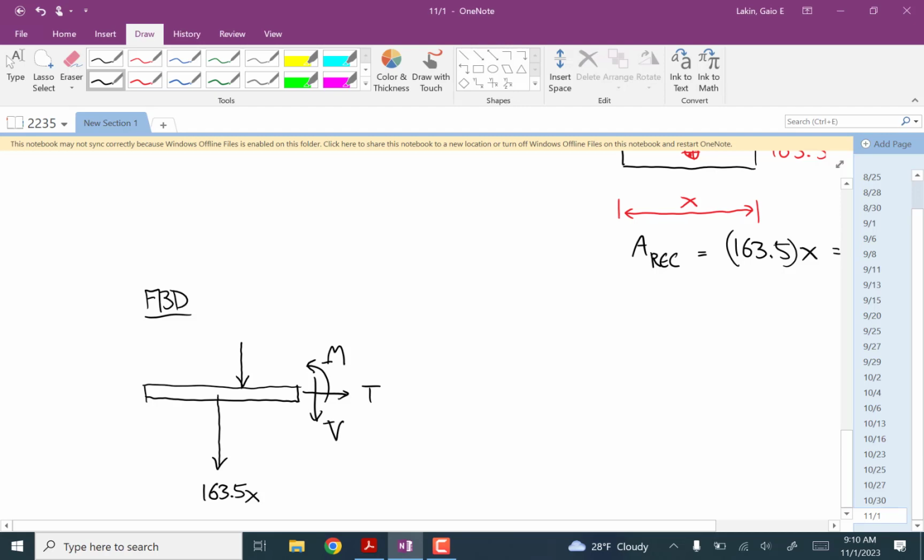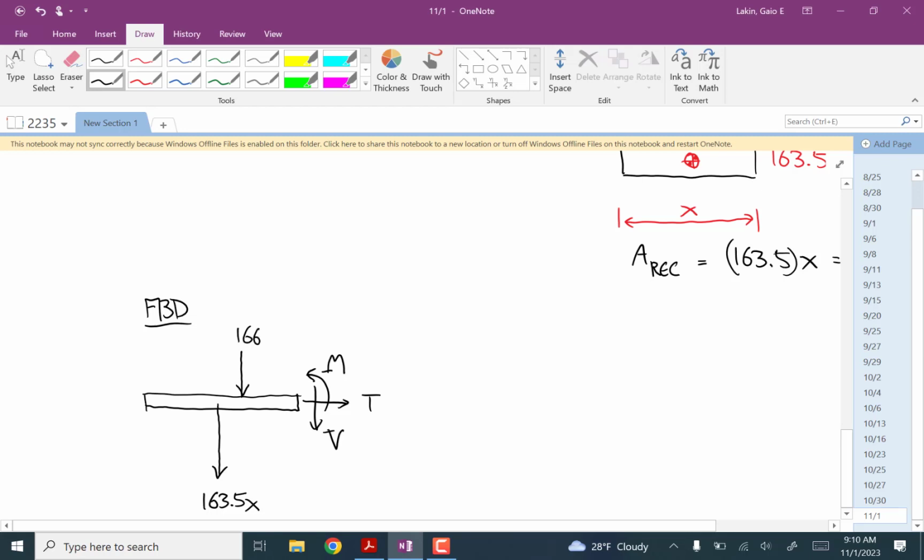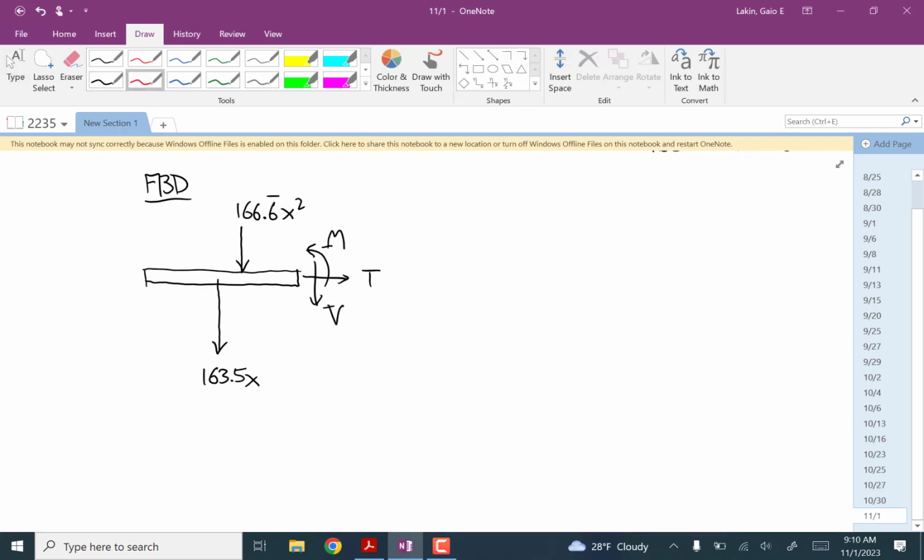And 2/3 of the way from the left to the right, we have 166.6 repeating x squared. The distance to the 163.5x is x over 2. To the 166.6 x squared is 2x over 3, and then to the end of the beam is x.